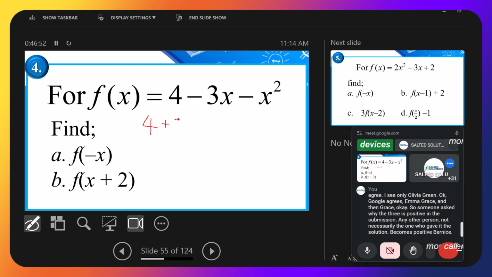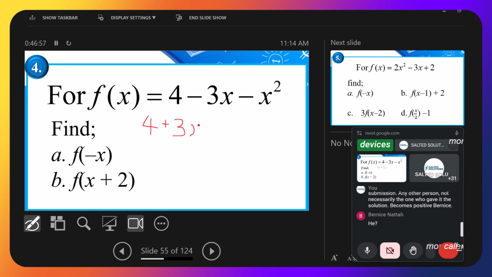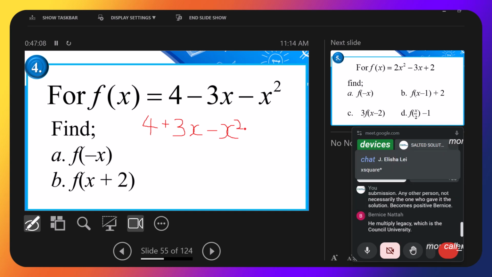The 3 becomes positive because we are multiplying negative 3 by negative x. When negative multiplies negative, we know that negative times negative is positive. So therefore, we get positive. Okay, that's fine. I hope we understand.